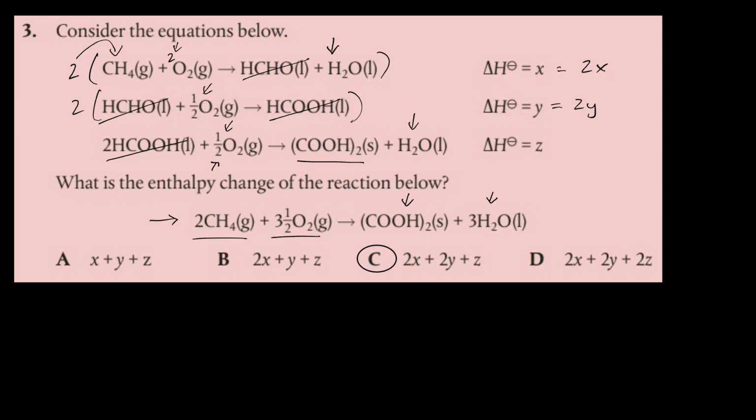And then I have 1 COOH2, and I have 2 waters here and 1 water here, which gives me a total of 3 waters. So now I'm good. So I have to combine all of my standard enthalpies. So I have 2x plus 2y plus z, which is going to give me C as my final choice.